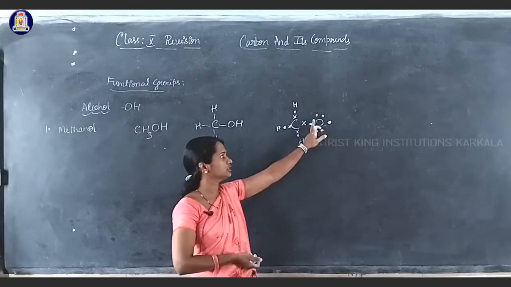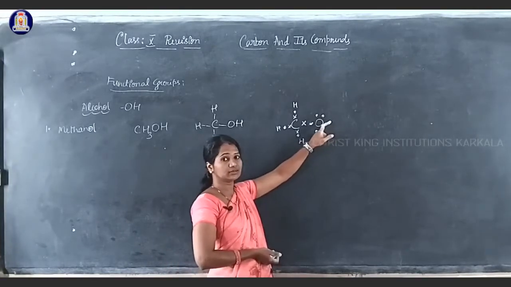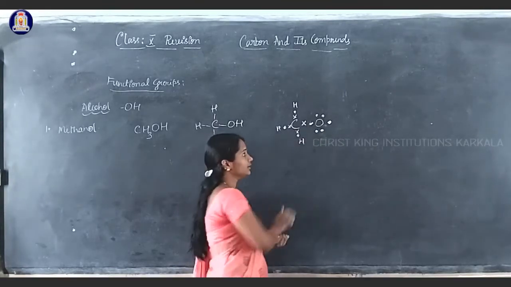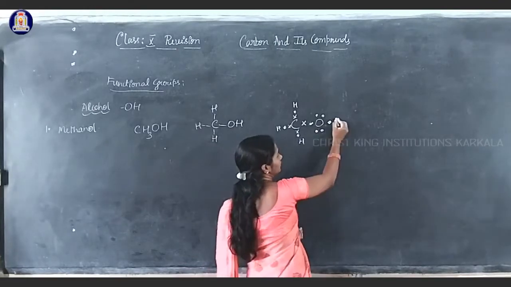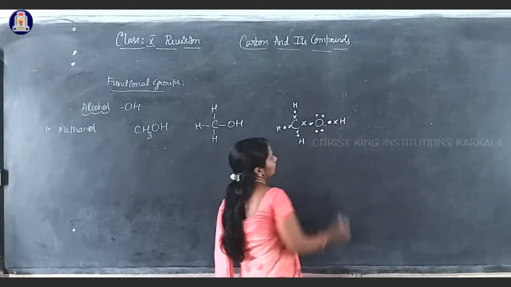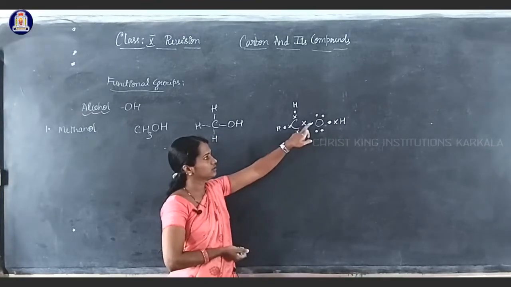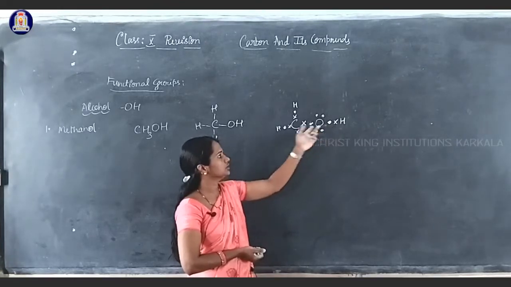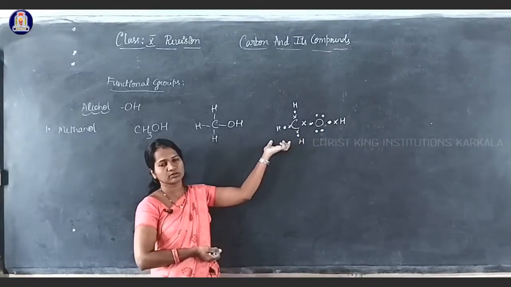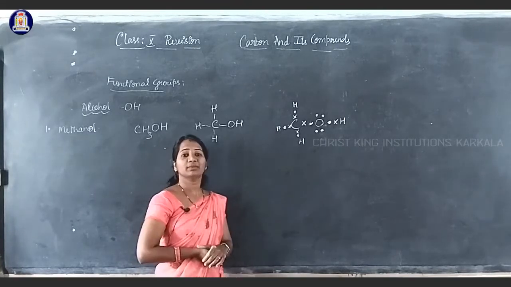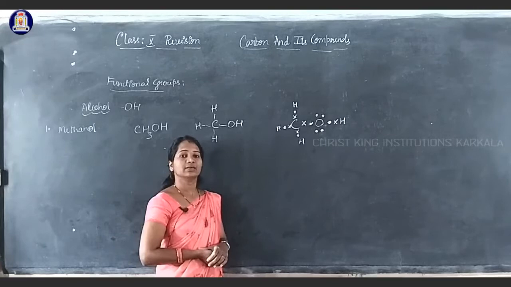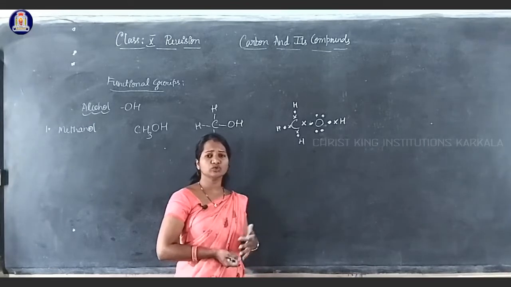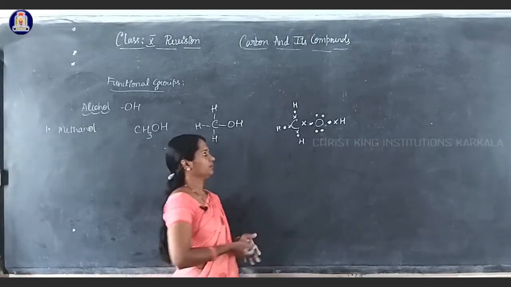Out of 6 electrons, 1 electron it shares with the carbon and another electron it shares with the hydrogen. So this is the electron dot structure of the first member of the family of alcohols, that is methanol. It is also called methyl alcohol, but usually we call it methanol.